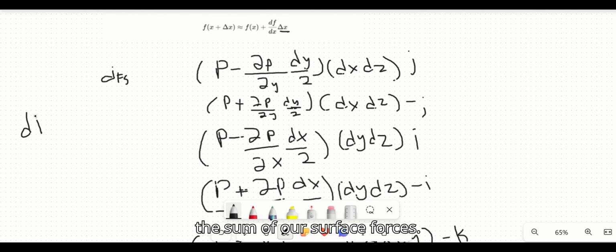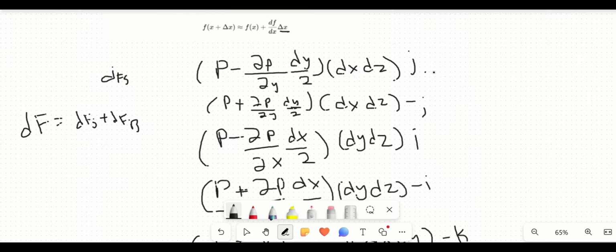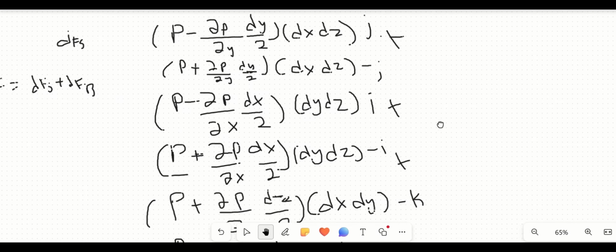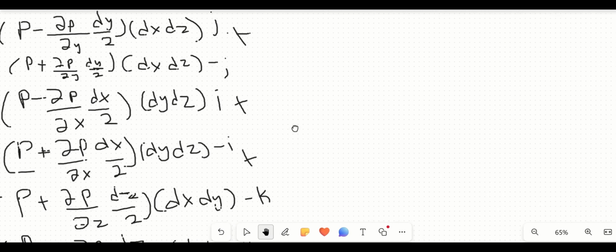Remember that the total is equal to surface forces plus body forces. I'm going to go ahead and do that.